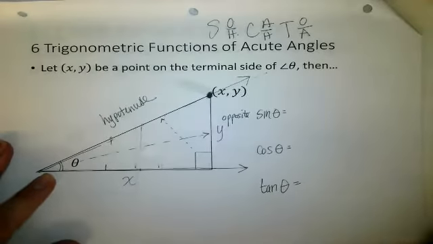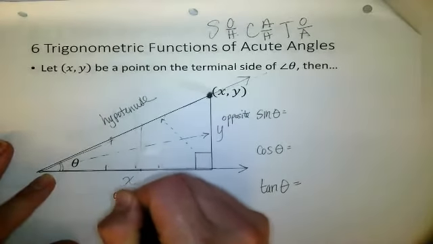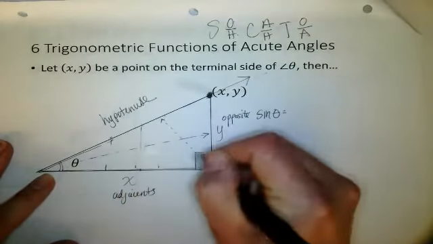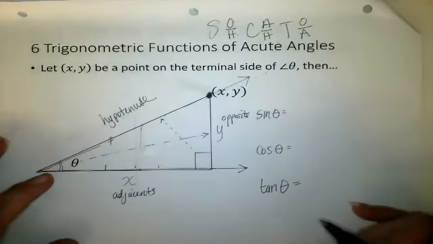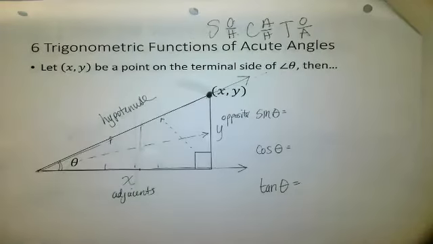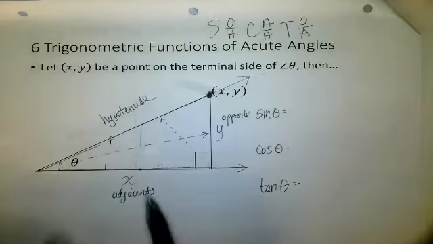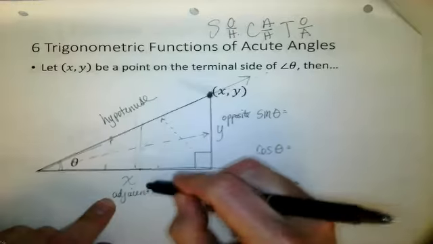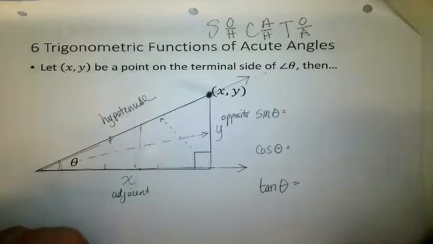So do we care if theta is at the 90 degrees? Theta will never be the 90-degree angle. Yeah, we'll do that, but it's not for the picture that we dropped. Okay, so that leaves adjacent on the other side.